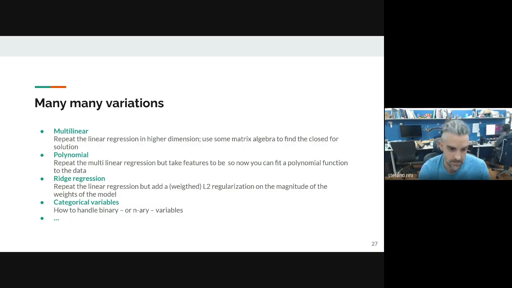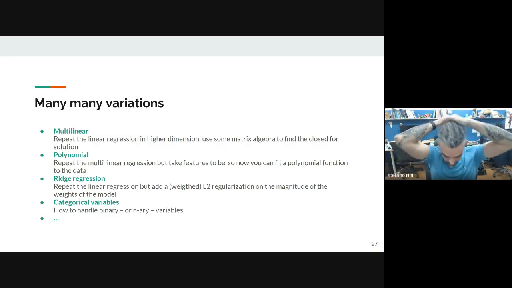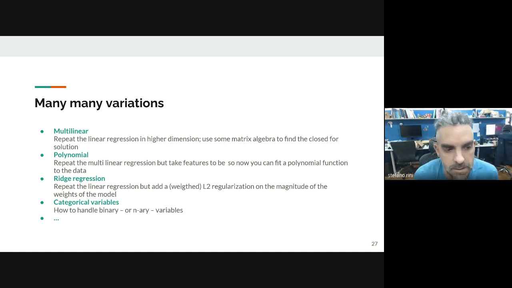The idea is that while this is a very beautiful result, it's very restricted in scope because the assumptions are very strong. But we can try to find some wiggle room around this limitation. First, we can do multilinear regression, so we can simultaneously predict multiple output dimensions from multiple input dimensions.